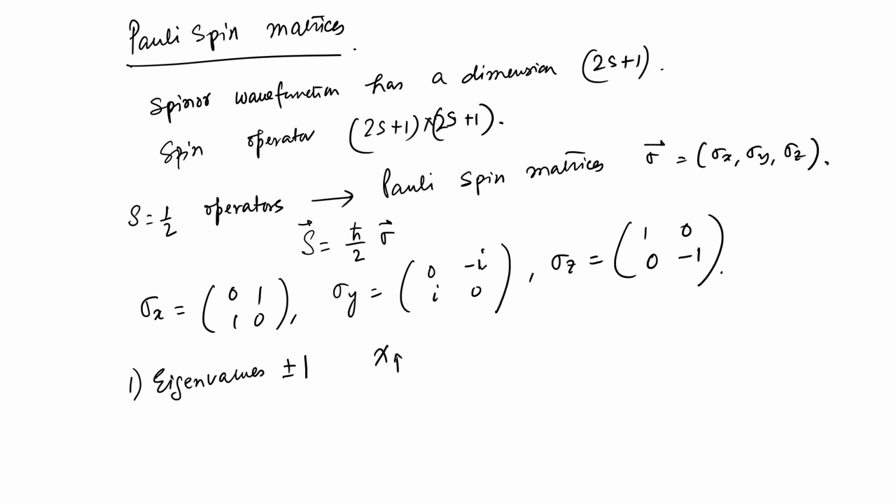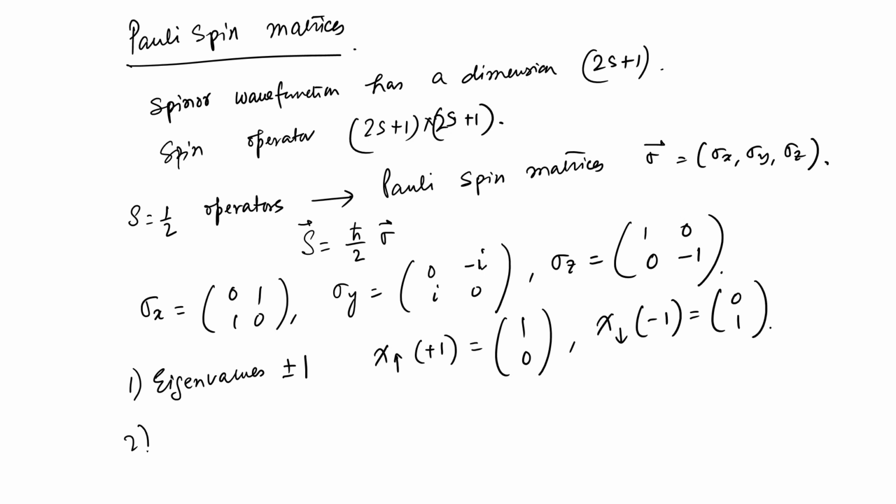Let us call it chi up, corresponding to the plus 1 eigenvalue. This has the form 1, 0, whereas chi down, corresponding to the minus 1 eigenvalue, is equal to 0, 1. And of course there are other properties such as the trace of each one of them being equal to 0. You can see that the sum of the diagonal elements is 0, and so on.